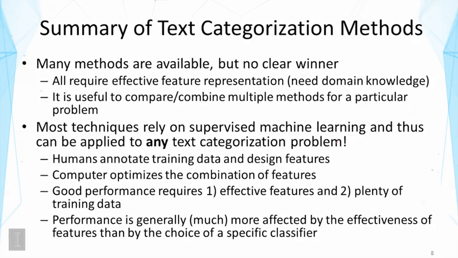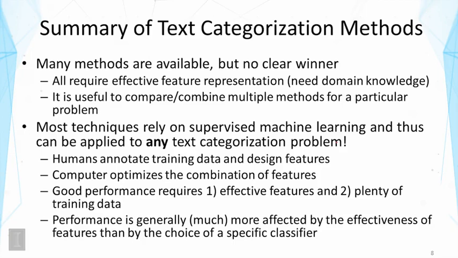So to summarize the text categorization methods, we have introduced many methods, and some are generative models, some are discriminative methods, and these tend to perform similarly when optimized. So there's still no clear winner, although each one has its pros and cons, and the performance might also vary on different data sets for different problems.